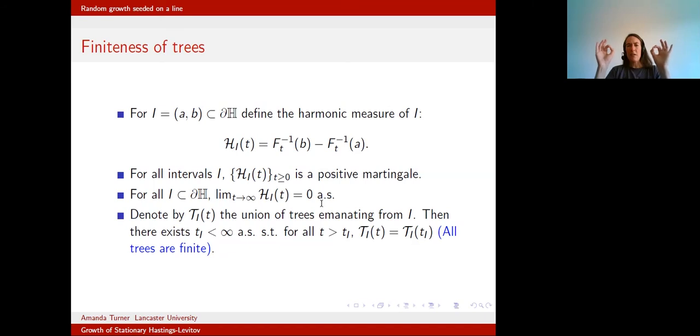It means if you take any interval on the real line and look at the cluster that's growing inside that interval, and ask what happens as time goes to infinity, well, the harmonic measure going to 0 means that the bit of the cluster between those 2 points is going to stop growing. We can think of the bit of cluster that grows there as a union of trees, where each tree corresponds to a particle that initially attached to the real line. And so that tells us that all trees are finite.